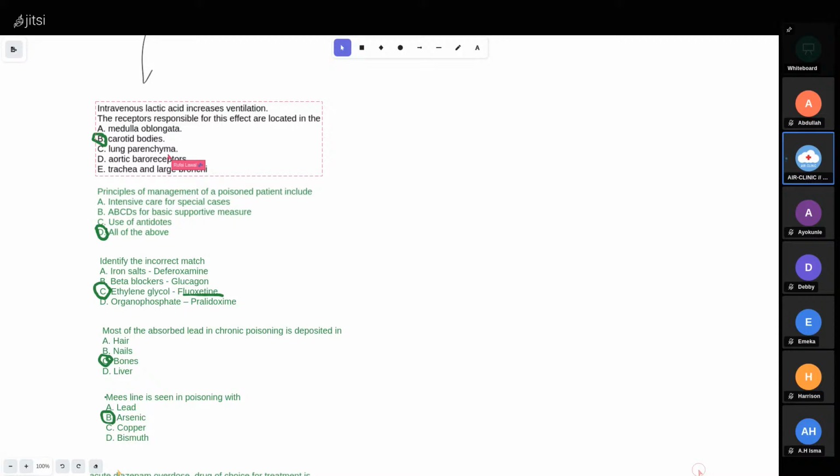Okay, another question still on this. I also remember showing you an image of this. Inspiratory capacity: FRC plus IRV, TV plus IRV, TV plus RV, FRC plus RV.